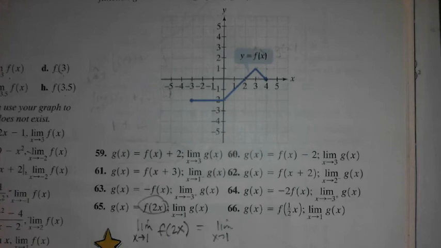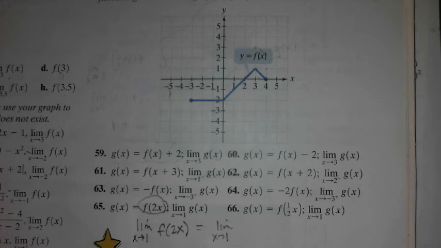Connor, what do you think it is? 0. Jalen, what do you think it is? Negative 1/2. Liam, what do you think it is? I don't think it's any of those. Just kidding. What'd you say it was?